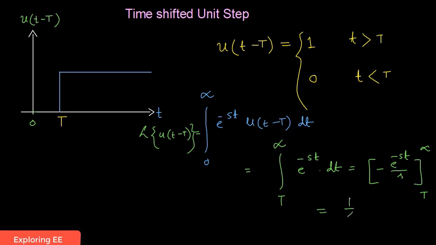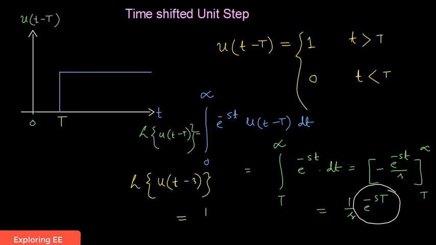So 1 by s times e^(-sT). So e^(-sT) is multiplied if a time shift is there. For example, the Laplace of u(t-3) will be 1 by s times e^(-3s).